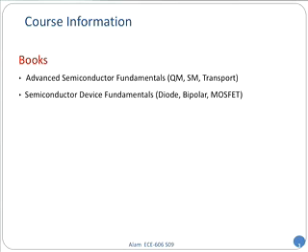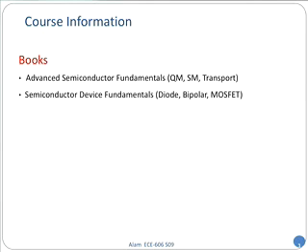In the first 5 weeks, we'll talk about the basics, the fundamentals: quantum mechanics, statistical mechanics, transport theory. These are general things. In the next 10 weeks, we'll apply the basic equations we have learned to understand how semiconductor devices work, like the diode, bipolar transistor, and MOSFET.